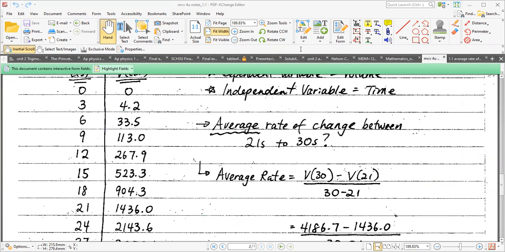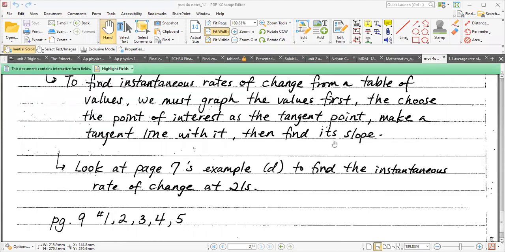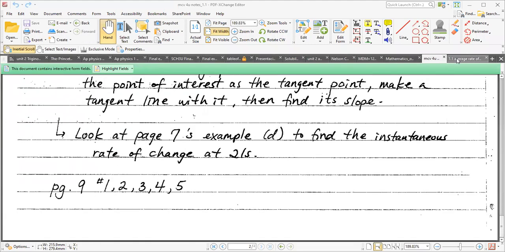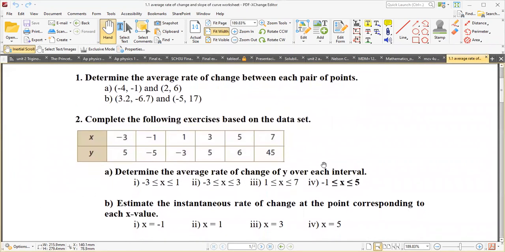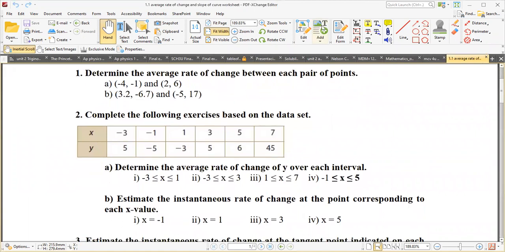So now let's just look at the worksheet. For question 1, A, you do as homework.